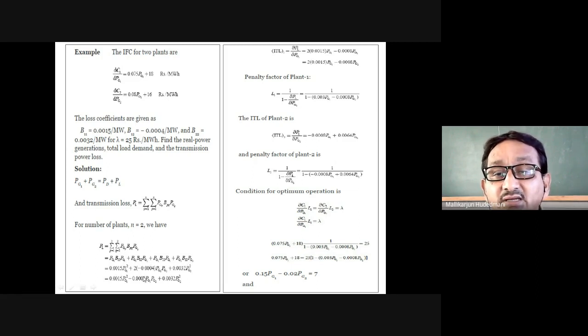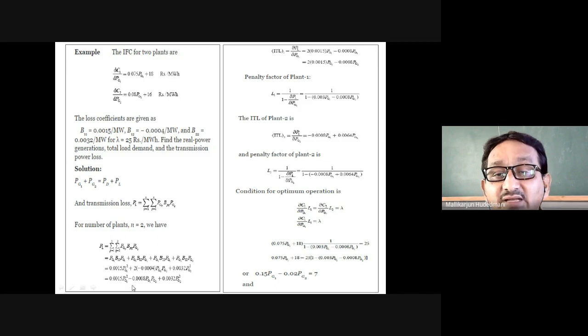So you can see B11 PG1, you can see 0.0015 PG1 square. Is B11 0.0015? Absolutely correct. B11 PG1 square plus B22, which is 0.0032, PG2 square plus 2 times the value of this one, 0.004, it became 0.008 PG1 PG2.